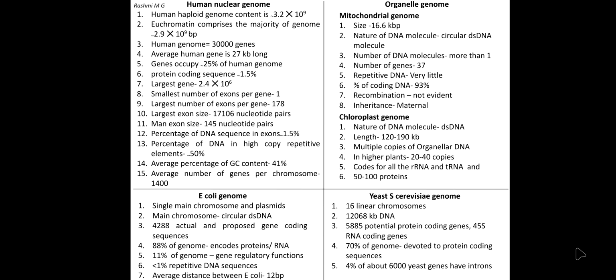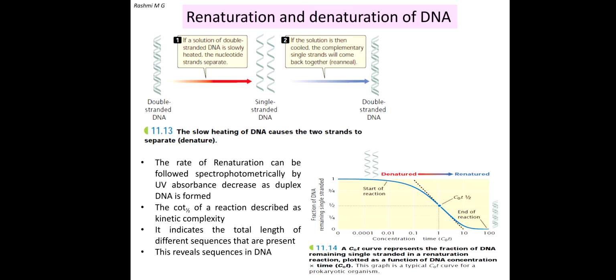Renaturation and denaturation of DNA. What are these processes? Here double-stranded DNA is there. If a solution of double-stranded DNA is slowly heated, the nucleotide strands separate. This results in the breaking of complementary base pairing. This process is known as denaturation.